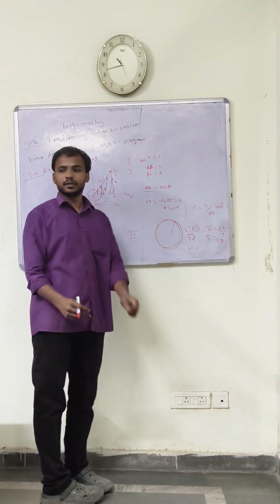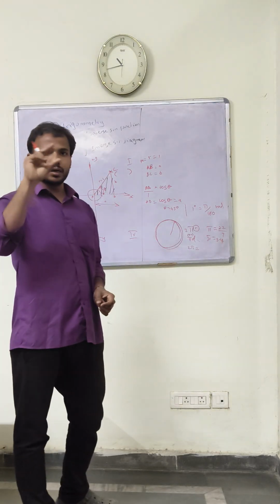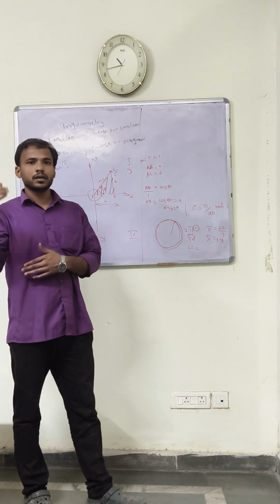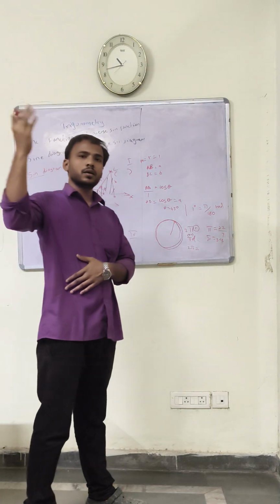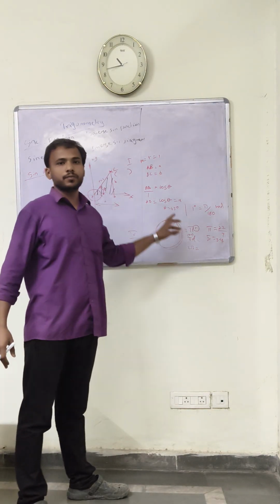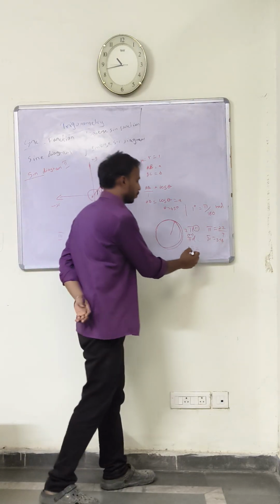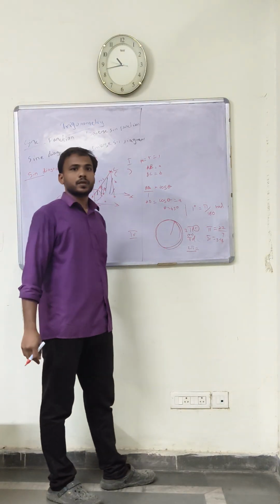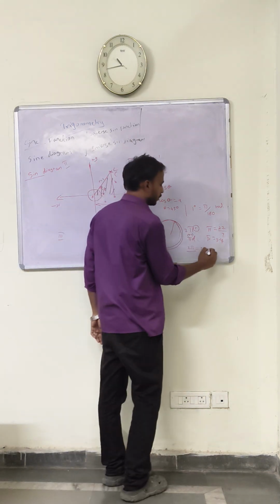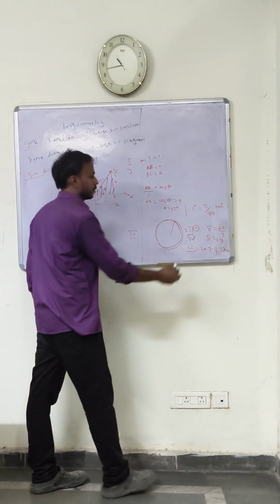That length is measured. You draw a unit radius circle, for example a 1 meter circle, or 1 centimeter circle, or 1 millimeter circle, or 1 kilometer circle. Then the circumference of the circle is calculated. That is equal to 2 pi, right? So that is equal to 2 pi. 2 pi means 2 into 3.14 units.